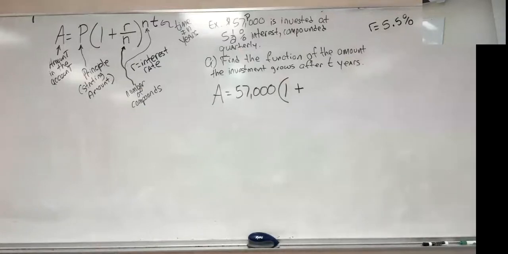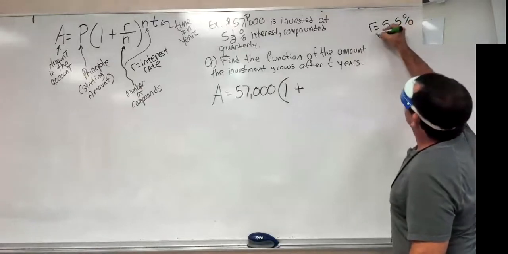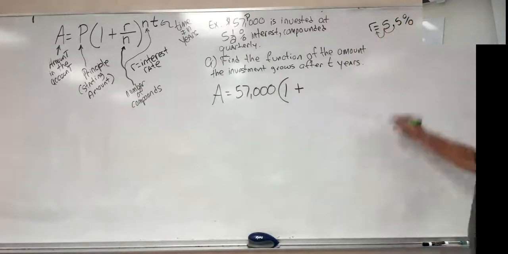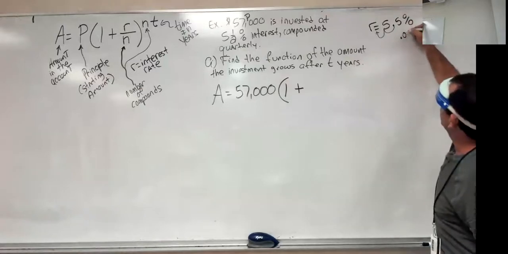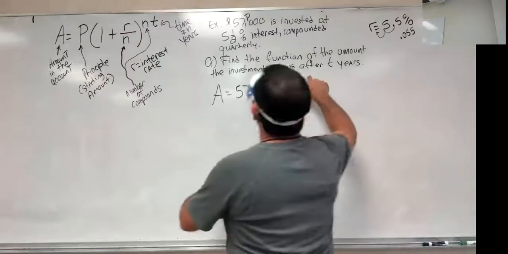So turn that into decimal form. You want to take this decimal and move it left 2 units. So that's going to give me 0.055. There you go. So that is now the R, and we'll put that in the formula.